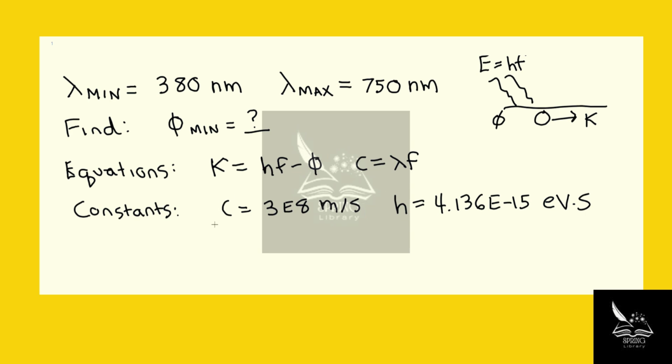So let's get to solving this problem. Starting with our formula for the photoelectric effect, K equals hf minus phi, the work function.